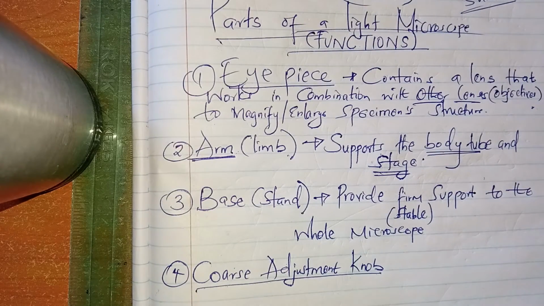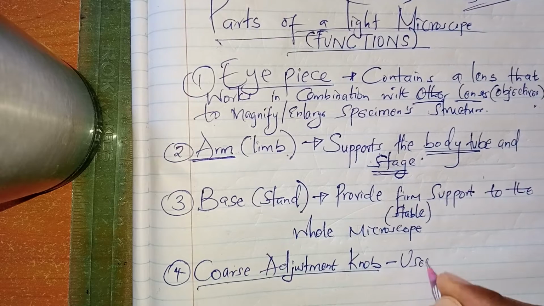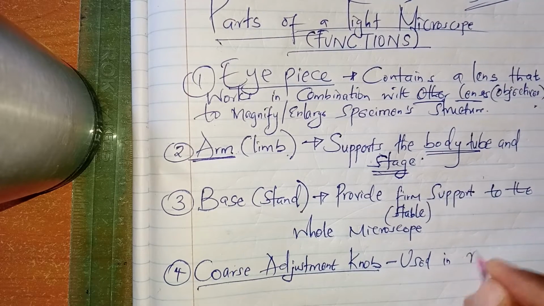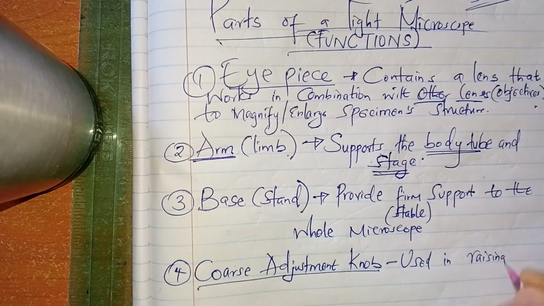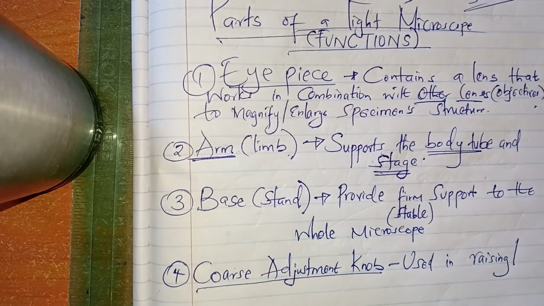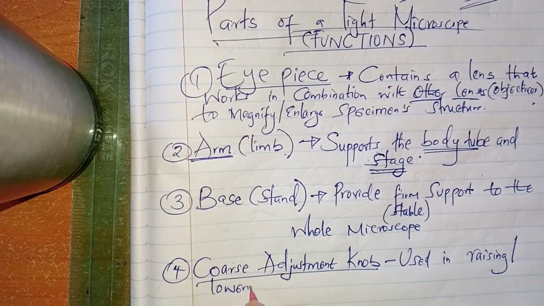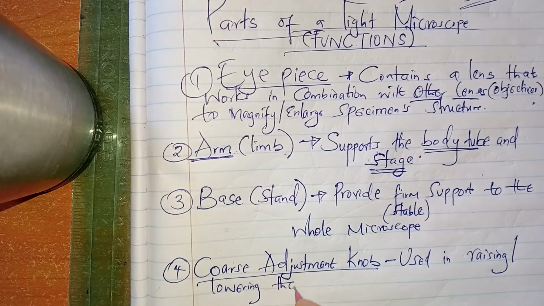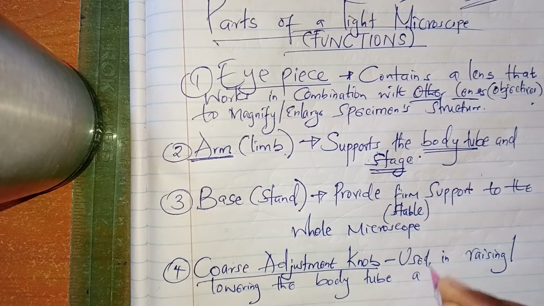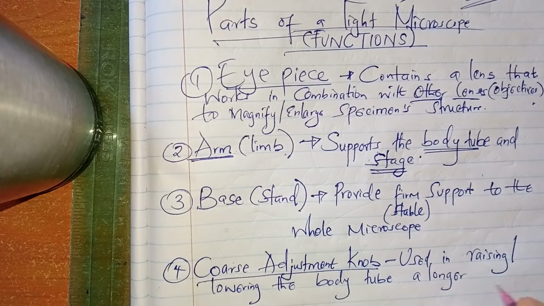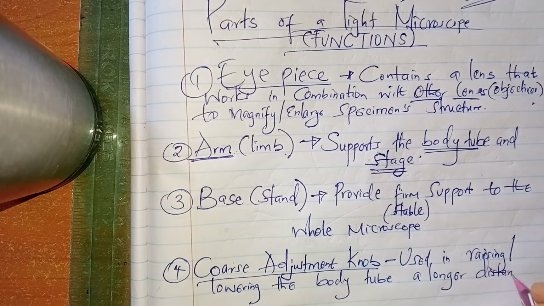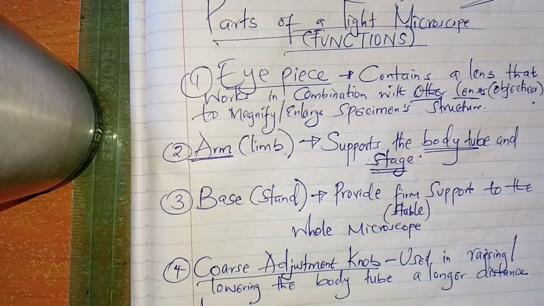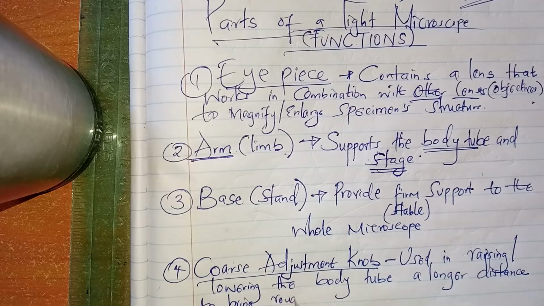Coarse adjustment knob used in raising or lowering the body tube a longer distance to bring rough focus.